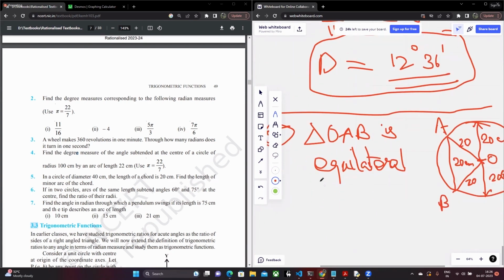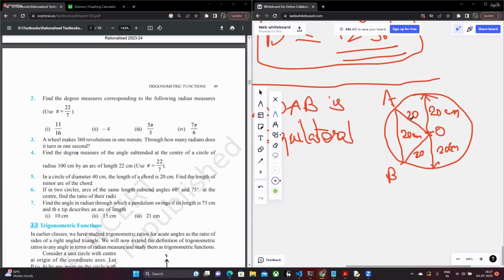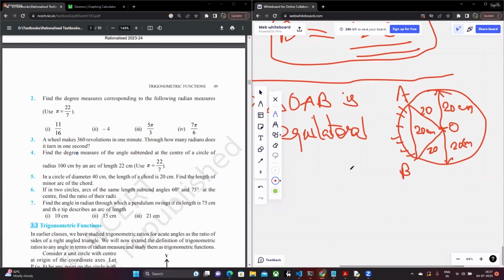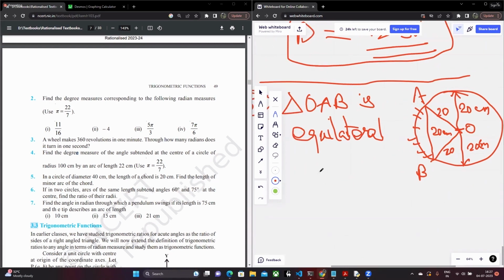Saying this is easy, writing this is hard. All right, whatever. So you're asked to find the length of the minor arc of the chord. Remember that the minor arc is going to be this arc, so you're basically asked to find the length of arc AB.